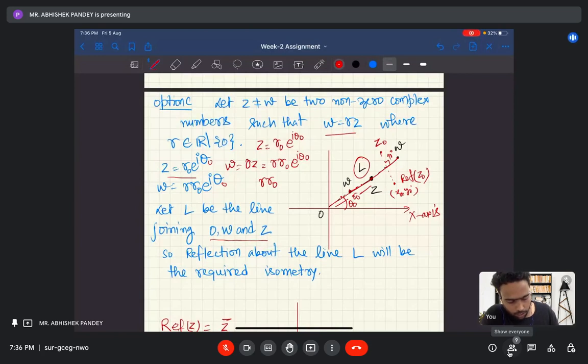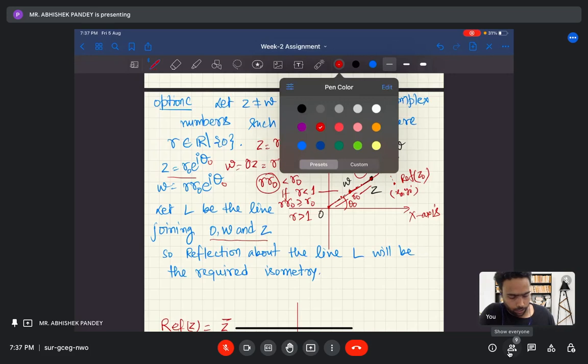Only the modulus is changing. It will be less than r naught if r is less than 1, and greater than or equal to r naught if r is greater than 1. So depending upon r, w will lie somewhere, but it will be collinear with this one. If you join the origin to z, w will lie on that line. Is it clear?